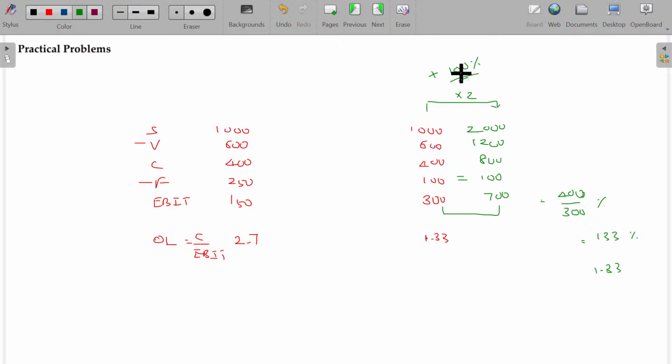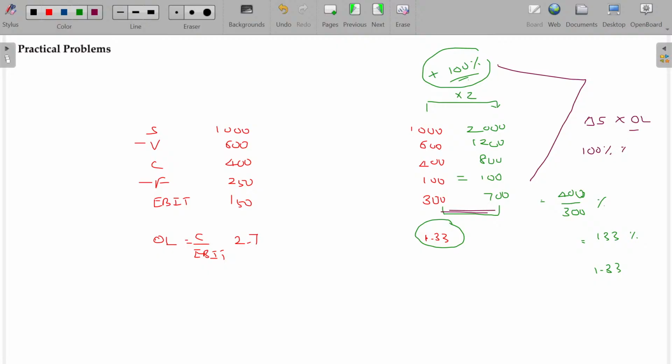Do you have any connection between this operating leverage and this percentage? Sure, you'll have this one. Change in sales multiplied with the operating leverage will be the change in the EBIT. Change in sales being 100%, operating leverage being 1.33.